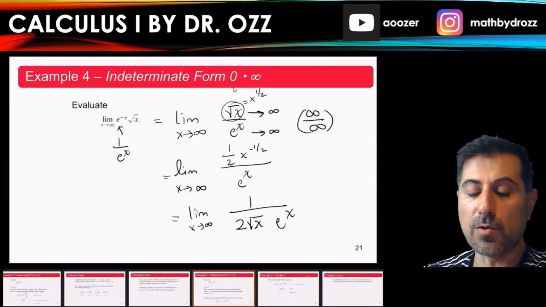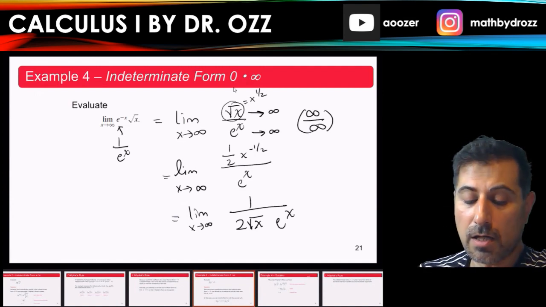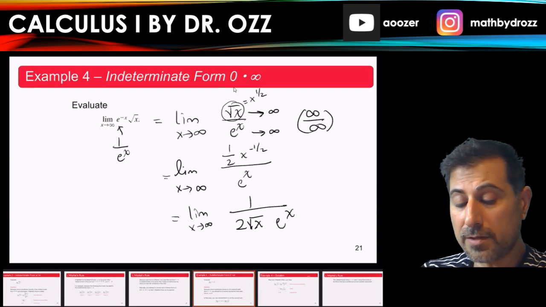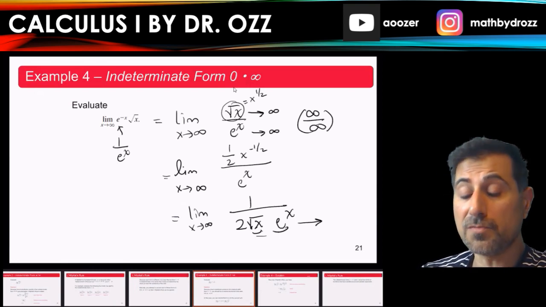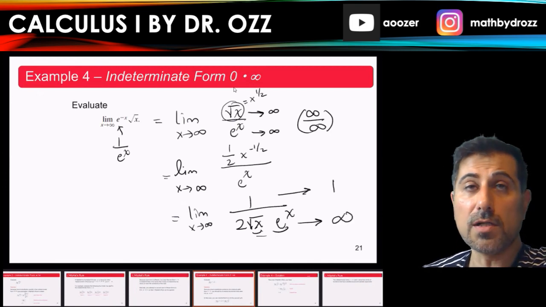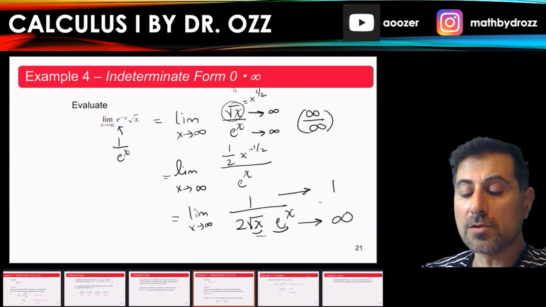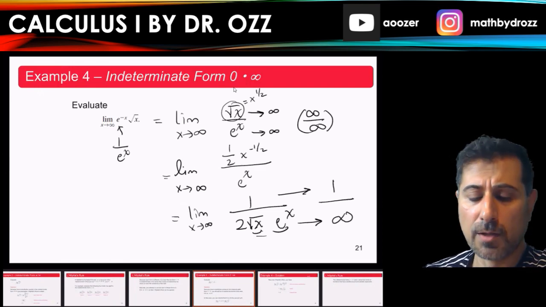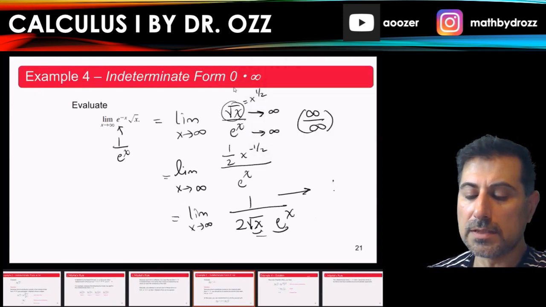So now I have one full fraction coming out of this. As x approaches infinity, both of these terms approach infinity, so the bottom approaches infinity and the top is approaching 1 because it's a constant term. So this whole thing is behaving like 1 over infinity, which implies that this limit is in fact equal to 0.